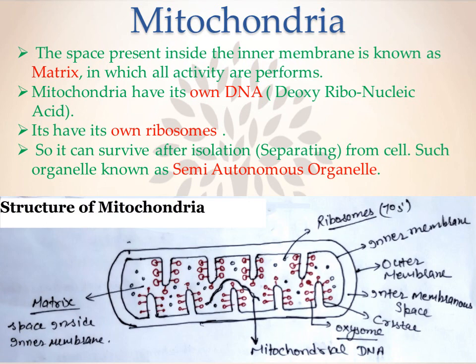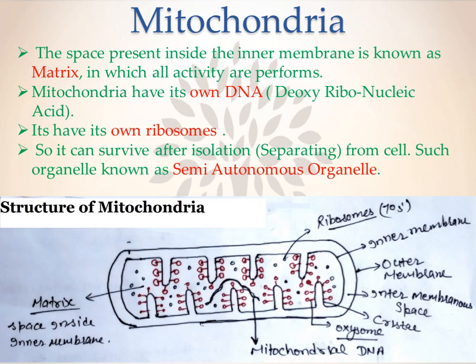So as we studied, the prokaryotic cell already has the part which produces energy, that is the plasma membrane, and the ribosomes, and they can survive because they have DNA, ribosomes and an energy producing unit.